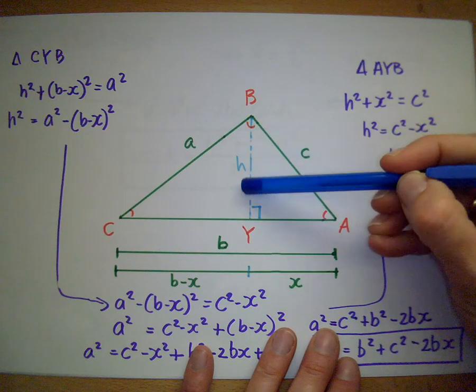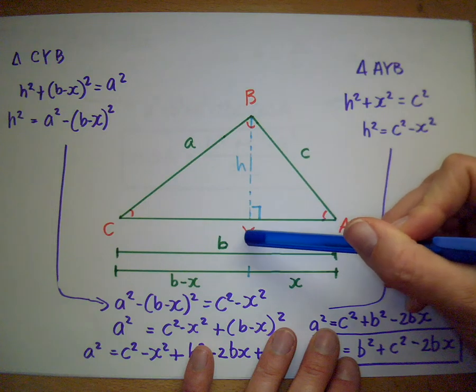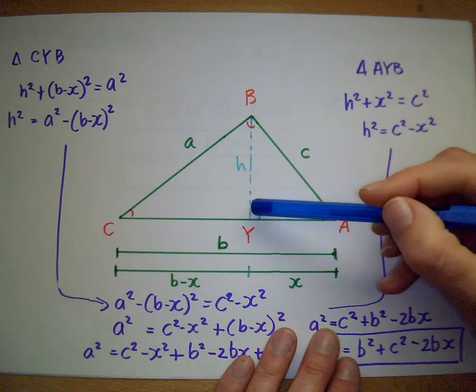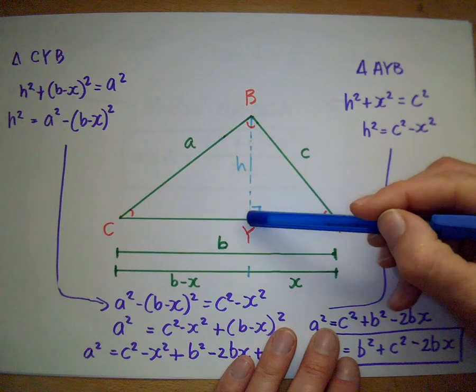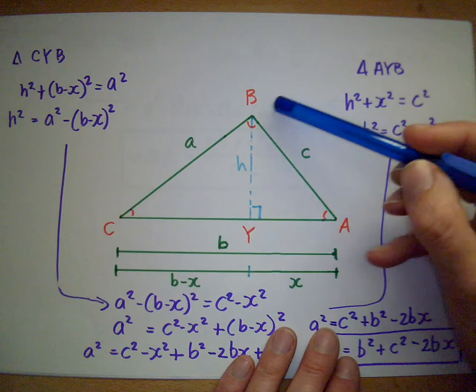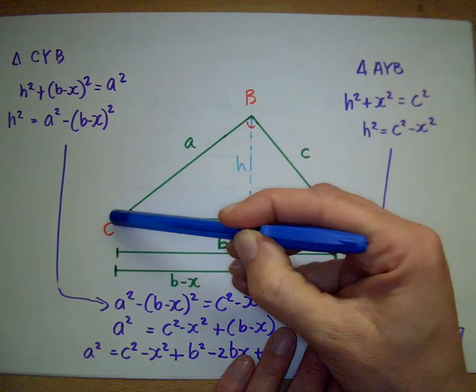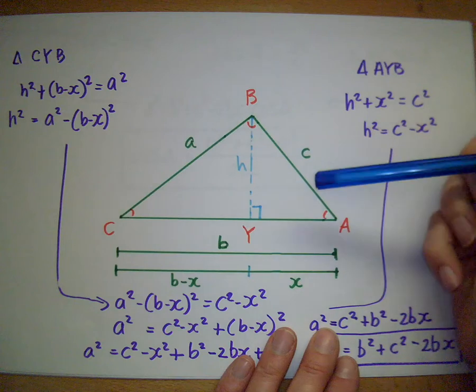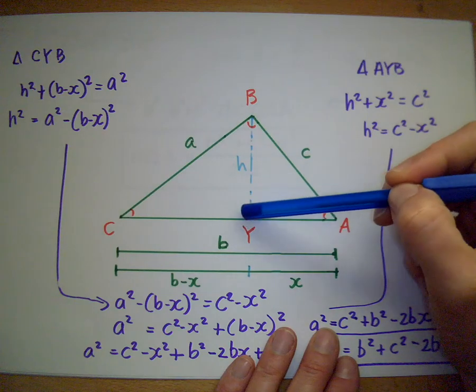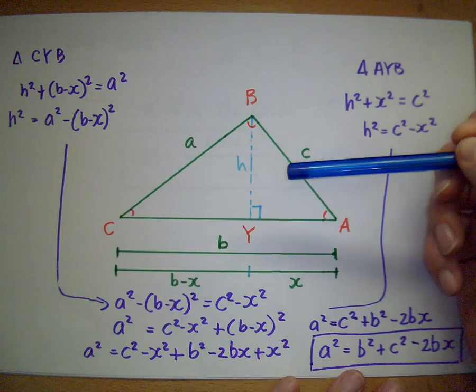We've labeled this side H, and we've labeled this new point Y. Y is also one of the three angles in this triangle, and the size of angle Y is 90 degrees.